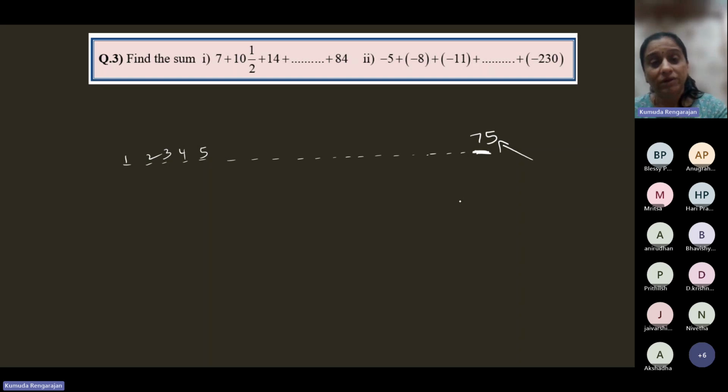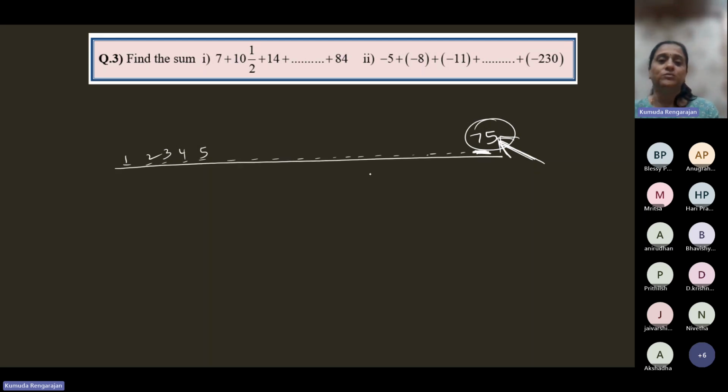So how do you know how many people are already there in the queue? You just have to reach out to the last person in the queue and find out that person's token number. If that person says the token number is 75, that means there are 75 people standing in this queue. The token number of the last person will tell you how many people are there in the queue.